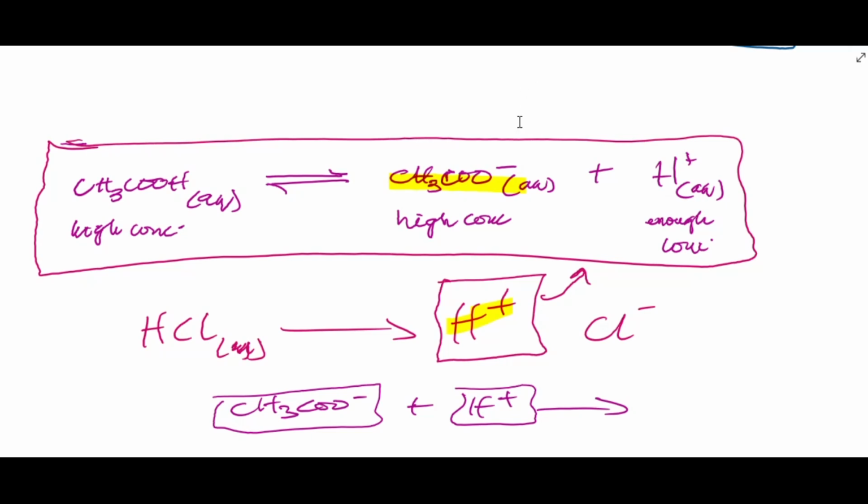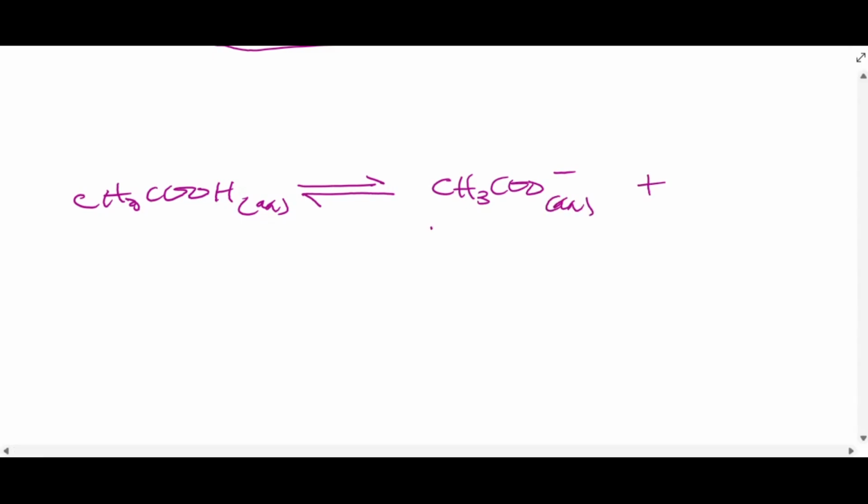Now let's add an alkaline solution to this buffer solution. I will write the equation again just for us to have it in our mind. So the equation is CH3COOH, which is our ethanoic acid, having an equilibrium establishment with CH3COO minus, which is our ethanoate ion, aqueous, and the hydrogen ion, which is also aqueous.